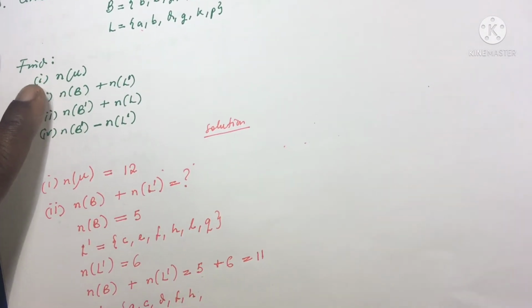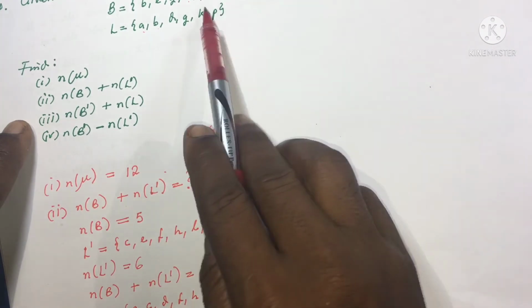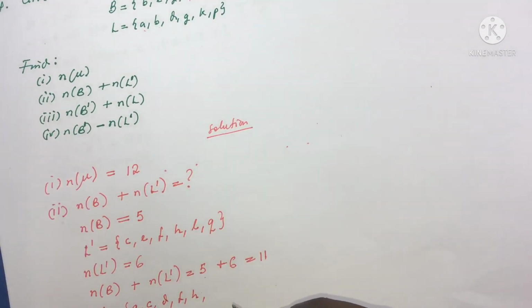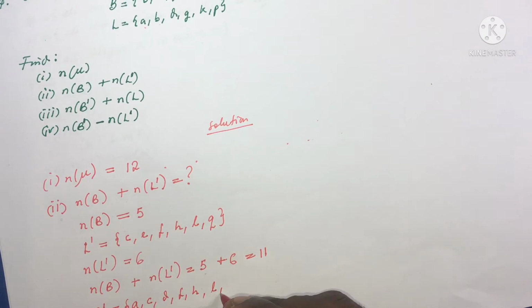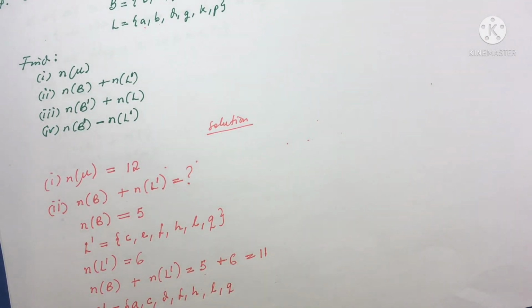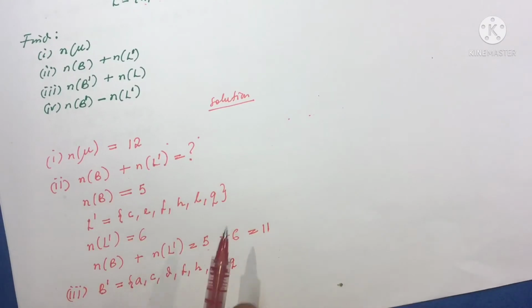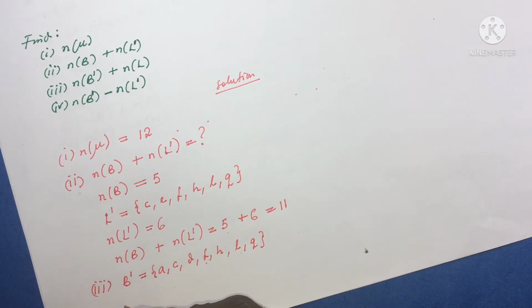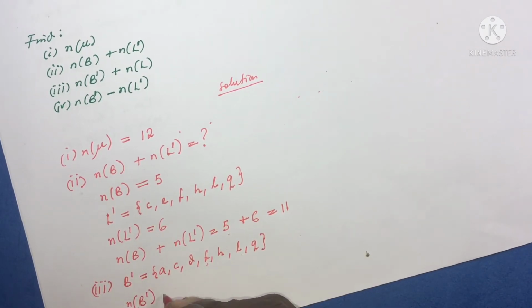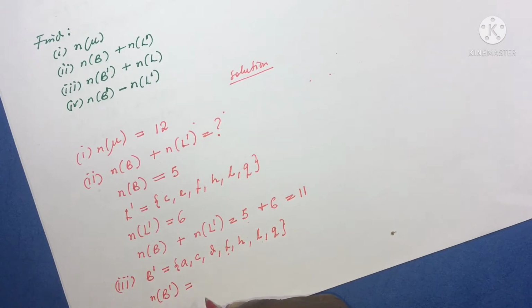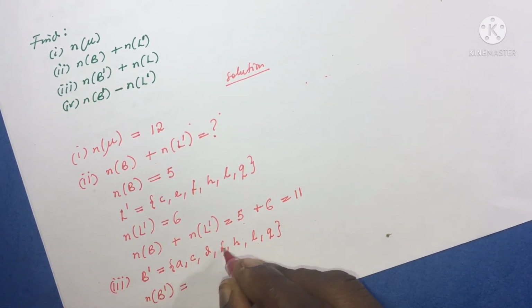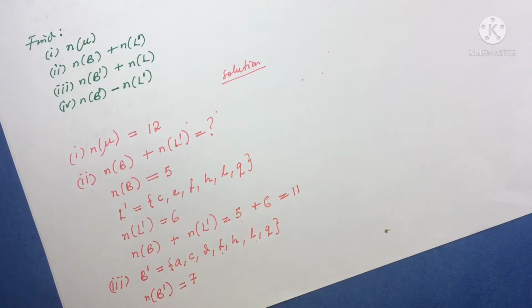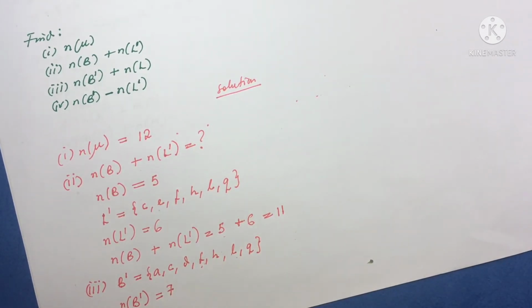Okay, then we have P found in both, but we don't have L and we don't have Q. So we have A, C, D, F, H, L, and Q as elements you find in the universal set but not in B. That implies that N of B prime, the cardinality of B prime, would give us 1, 2, 3, 4, 5, 6, 7. So I'm going to write here 7. There are 7 elements in B prime.